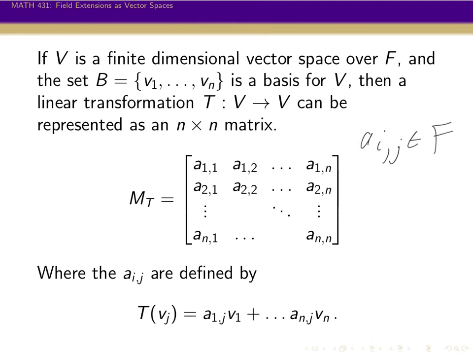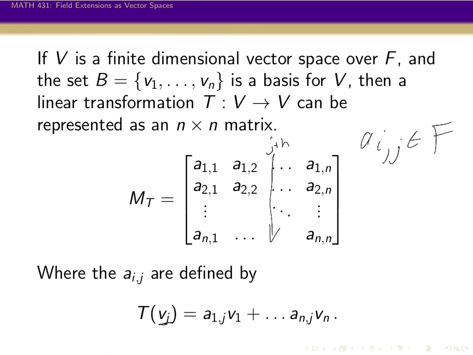Well, if you look at the jth column going down, the elements of the jth column come from where the linear combination sends the jth element of the basis. And so this representation depends on what the basis is.